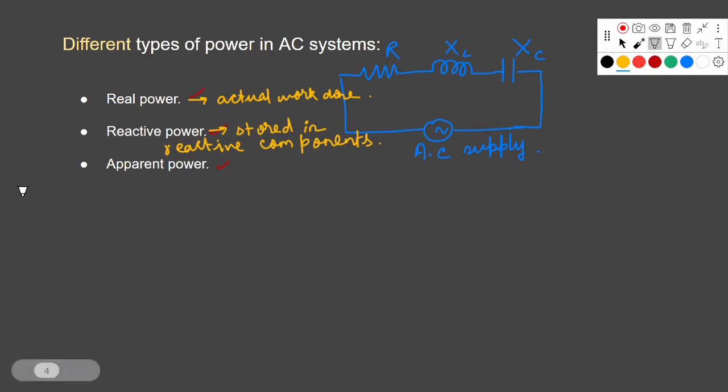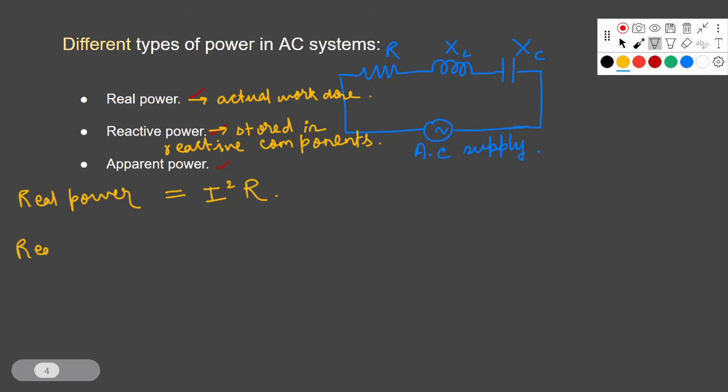Clear? The mathematical definition says that the real power is equal to I squared into R, only the value of the resistance.